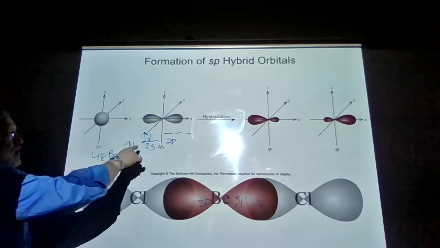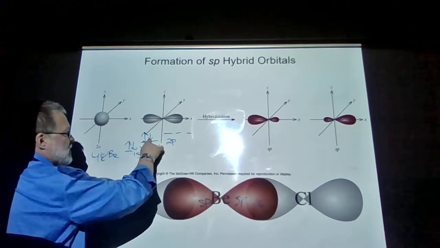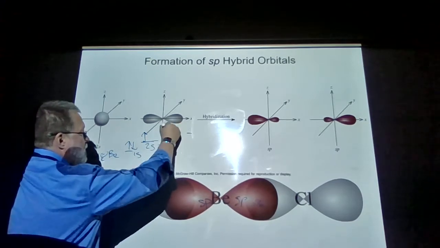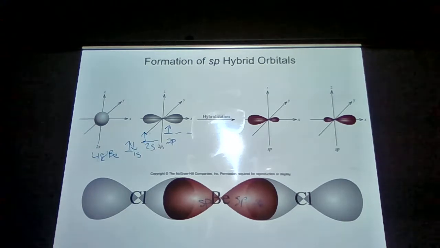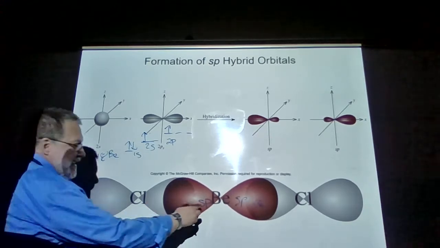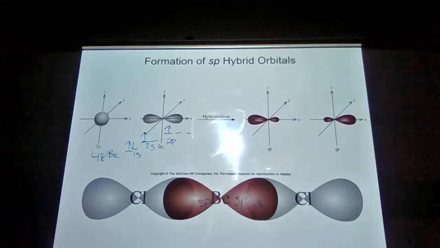If we promote one electron up from the 2s into the 2p, we only have electrons in the s and p orbitals. Therefore, the only ones that we could mix together that would have any chance of bonding would be an sp kind of orbital situation.